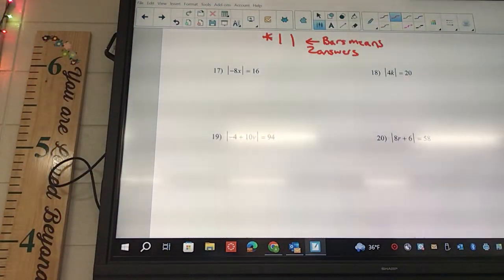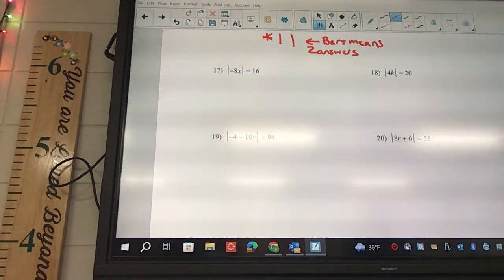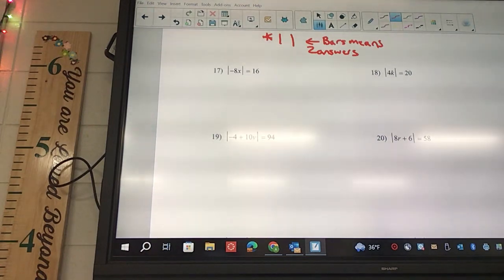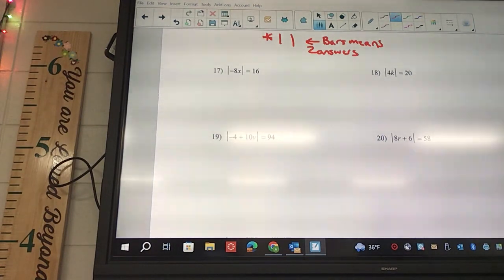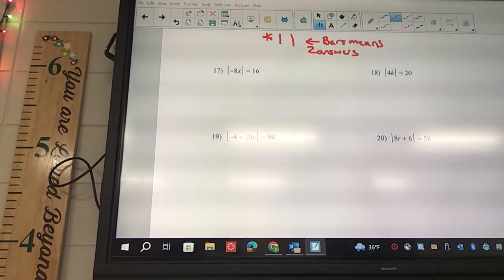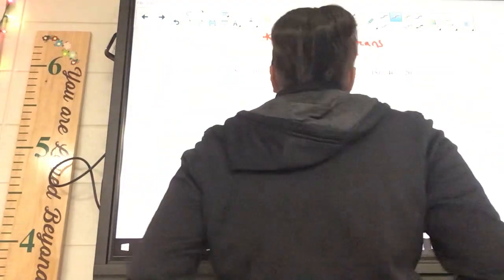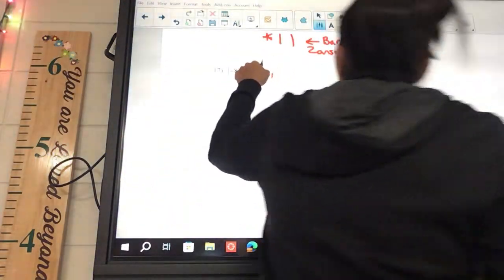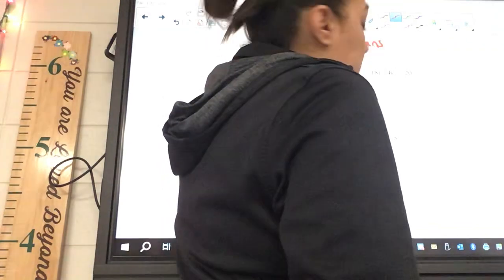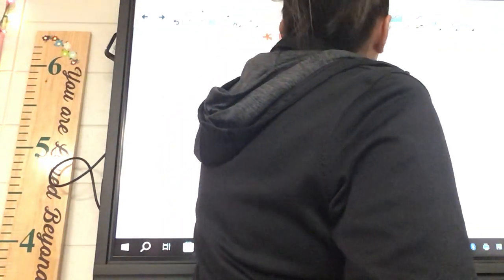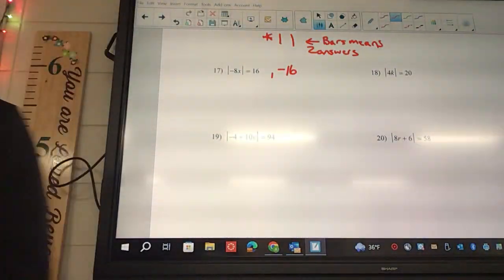The 10. Okay, so when things are on the outside of the bars, you have to do that first. However, is there anything on the outside of the bars on ours? On 17. There's not. Okay, so once there's not, we can say comma, and whatever my answer is right now, which is 16, we can say comma negative 16. Okay, because we're really solving this twice.